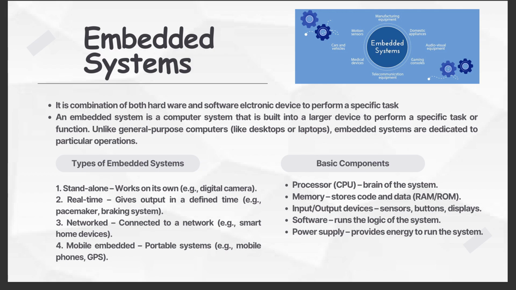Core components of any embedded system include a processor or CPU, RAM or ROM, IO ports, communication modules, and power supply. In our case, the PIC16F771 microcontroller served as the CPU. We interfaced it with a water level sensor, a buzzer for alert, and relays to control the motor and valve.